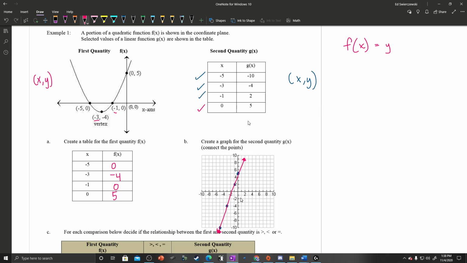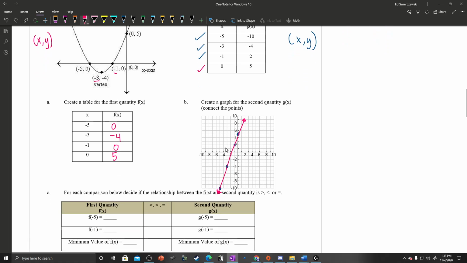All right, good. So now what we can do is compare the key features in these two functions. If I want to think, what is f of negative 5? Well, I can look at my table. The input, negative 5, output was 0.